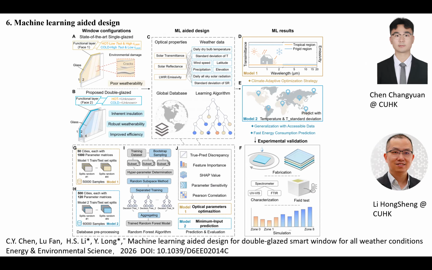So that's why we use machine learning, to understand the best optical properties we need for phase two here. By collaborating with Professor Li Hongsheng, we have built several models, model one, model two.